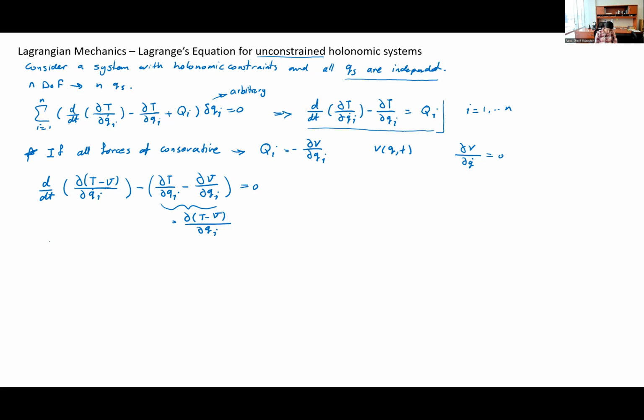So let's define this L, which is a function of q, q dot, and t, to be T, which is a function of q, q dot, and possibly time, minus V, which is a function of q and time. And this is what we call the Lagrangian function.